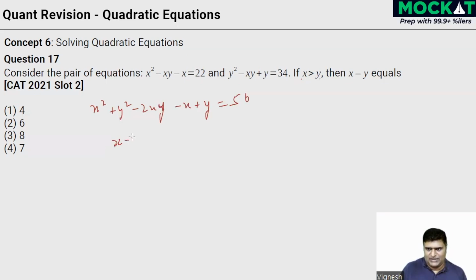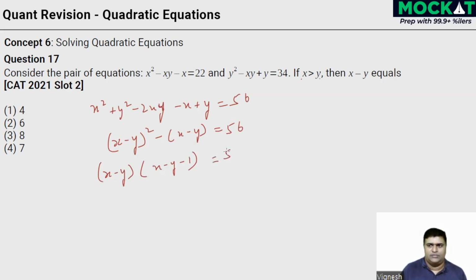I can write this as x minus y the whole square, minus of x minus y equals 56. If I take an x minus y common, I'm going to get x minus y into x minus y minus 1, right, equals 56.